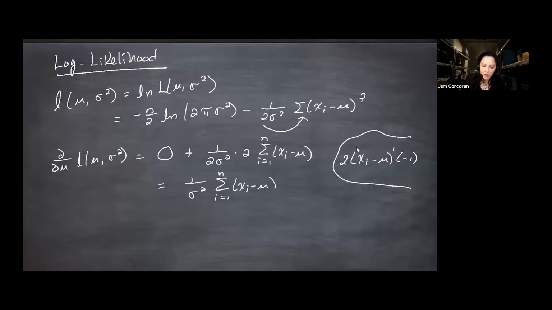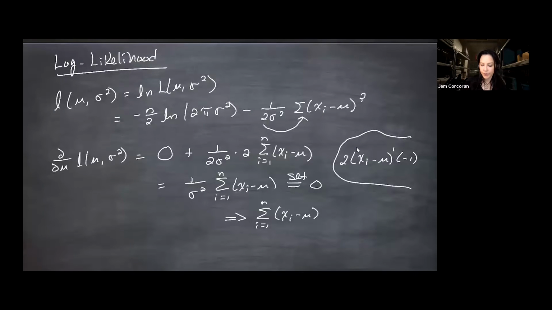Okay, you want to set this equal to 0. And we still have to take the other derivative. In general, if you have two unknown parameters or even 3 or more, you're going to have 2 or 3 or more partial derivatives, and you want to solve the system simultaneously. It's just that in this case, we actually can solve for mu. So this is going to be 0. This is going to imply that the sum is going to be 0, right?